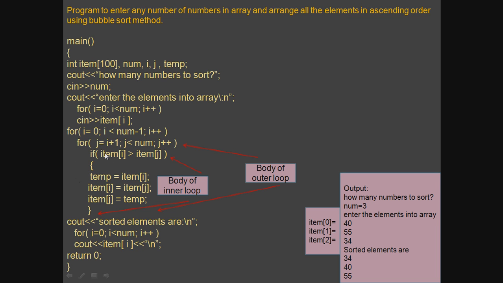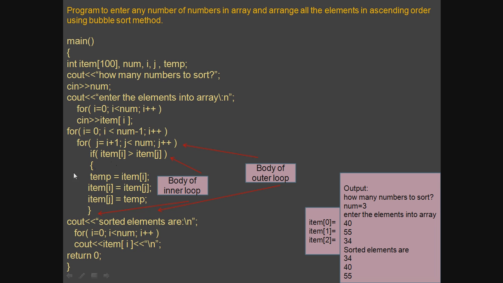So we need the if block to execute again and again. For that reason, it is written inside the for loop, right? So if item i is greater than item j, which is item 0 greater than item 1, so 40 is greater than 55, no, right? If it is no, the body of the if block will not be executed.